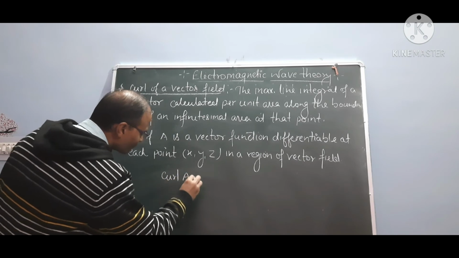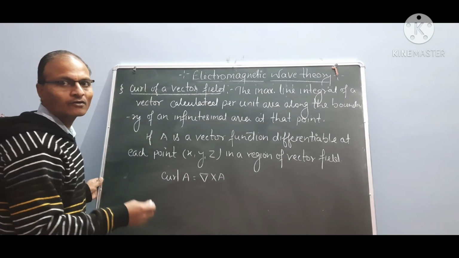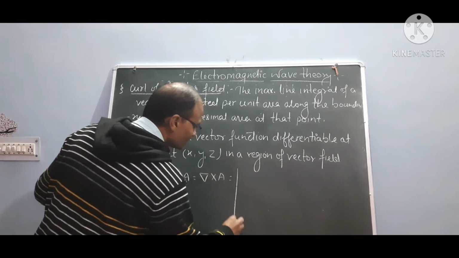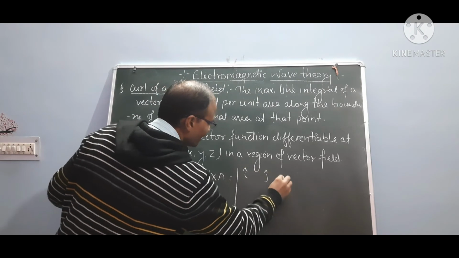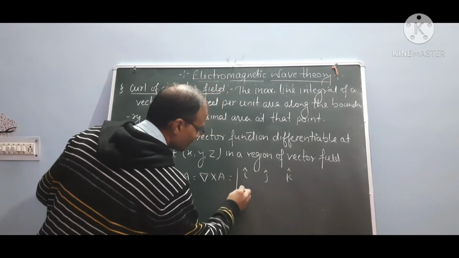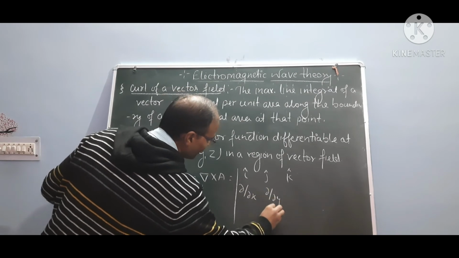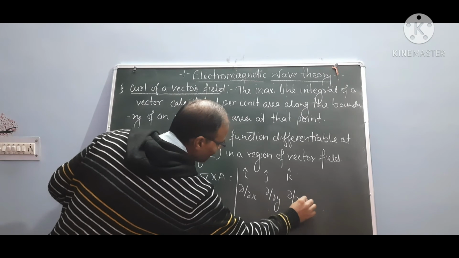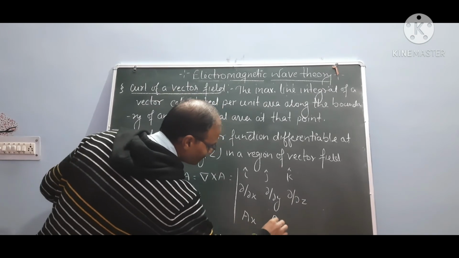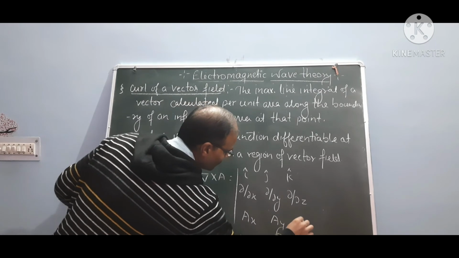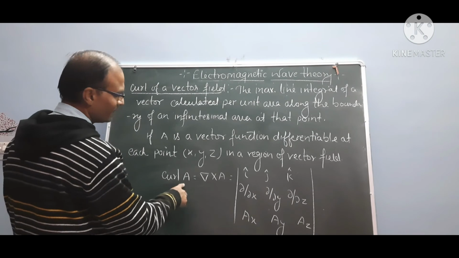Curl A is del cross A, which equals this determinant: i, j, k; del over del x, del over del y, del over del z; Ax, Ay and Az. This is called curl A.